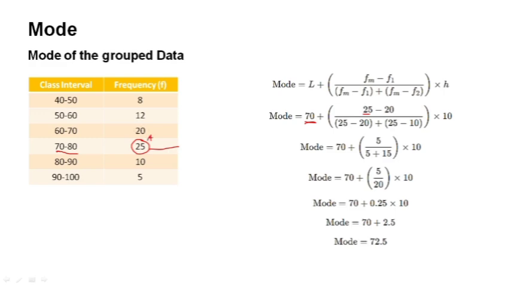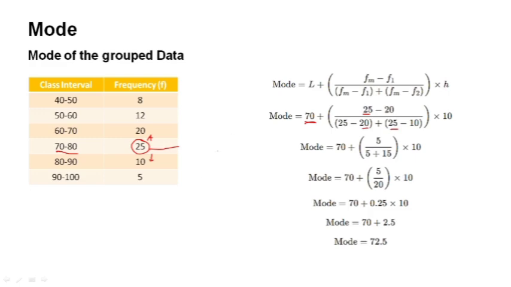Then divide by the frequency of the modal class minus the frequency of the preceding class, plus the frequency of the modal class minus the frequency of the class succeeding the modal class. Just after the modal class, we take its frequency, which is 10. Then multiply by H.